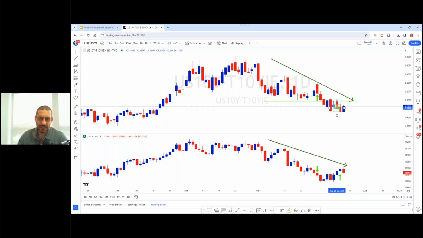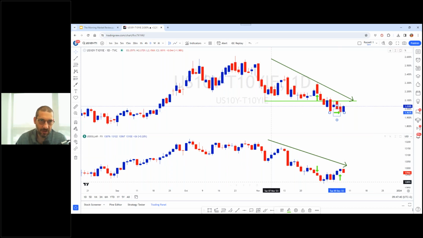So again, a little bit of divergence. Now, what this basically means to me, either the real rate is going to bounce, or the dollar overreacts on the upside, because we just don't see the real rate moving in the same direction.